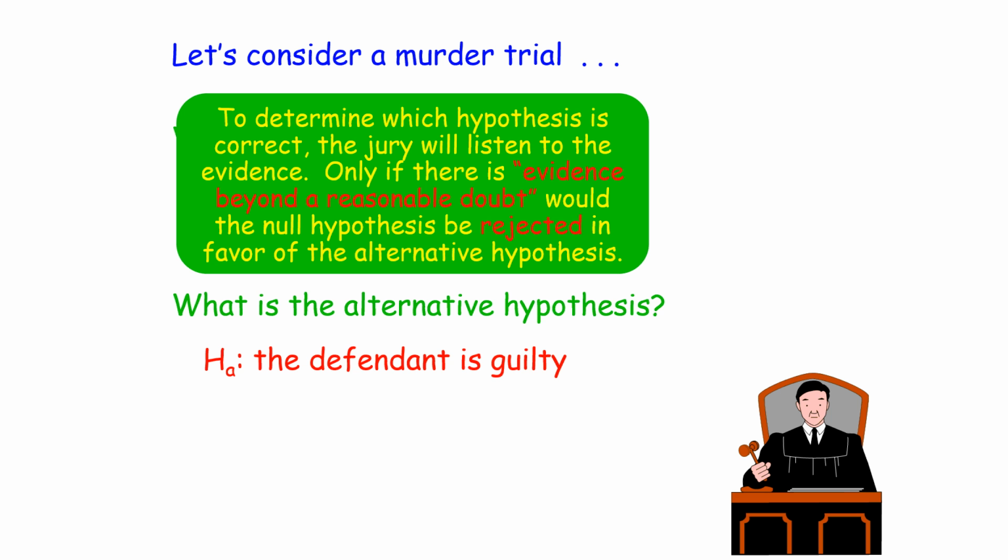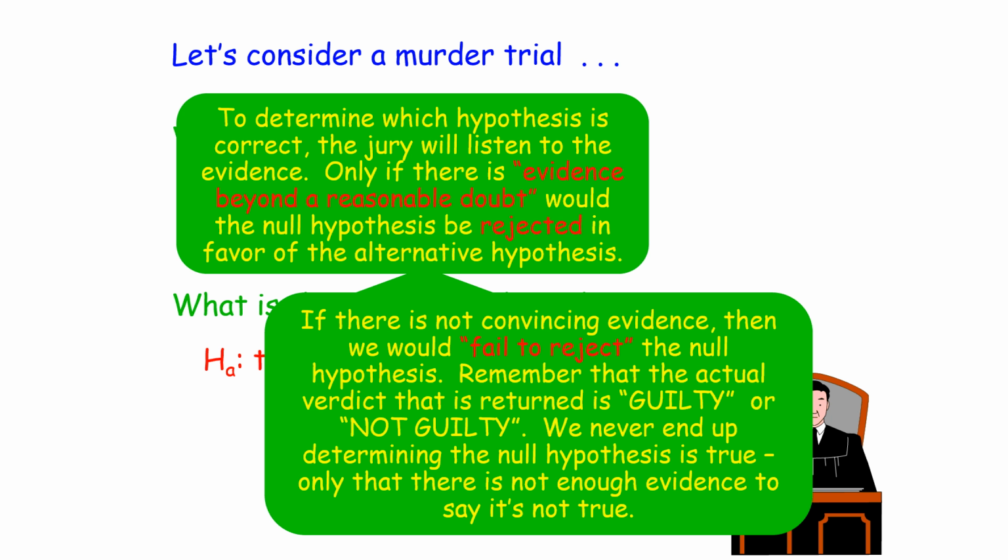So to determine which hypothesis is correct, the jury will listen to the evidence, and only if there is evidence beyond a reasonable doubt will the null hypothesis be rejected in favor of the alternative hypothesis. If there's not convincing evidence, then we would fail to reject the null hypothesis.